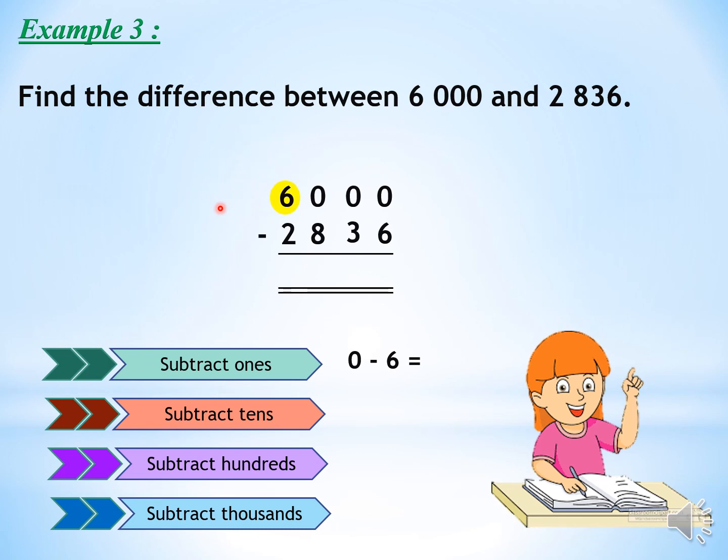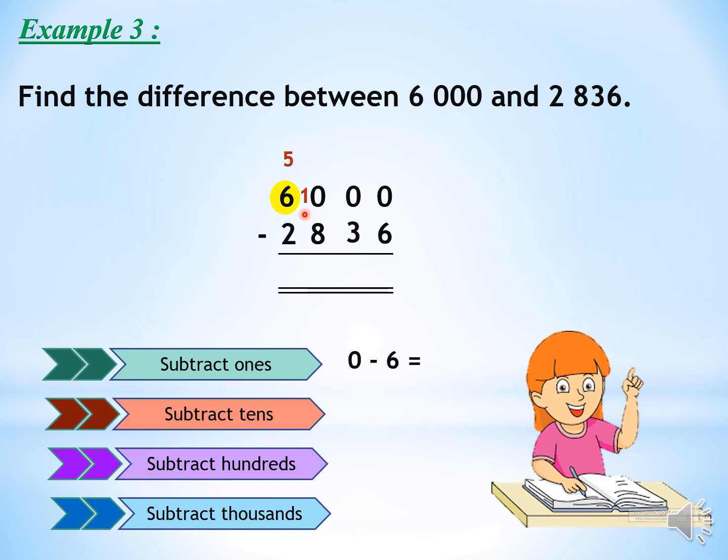Here only 6000 can be regrouped into hundreds, tens and ones. When we regroup 6000 into hundreds, 6 becomes 5 and 100 become 10.